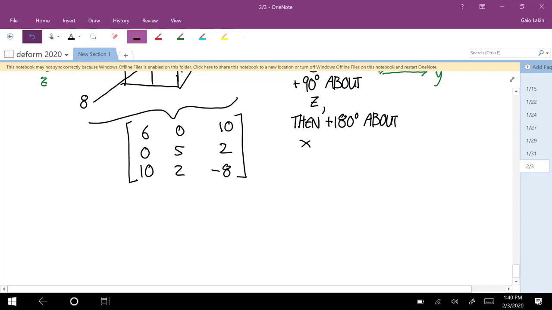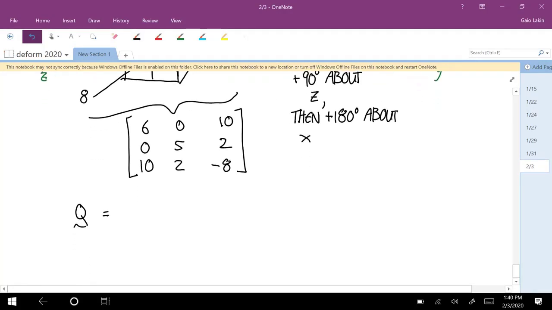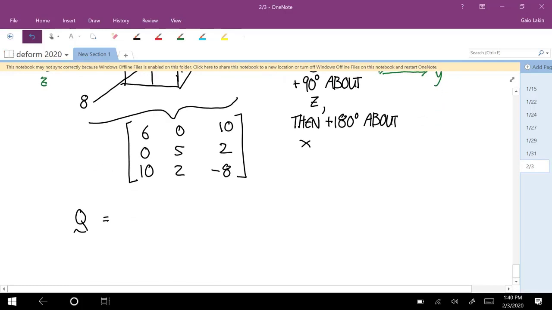So then Q is going to be, when you multiply these, you multiply from the right side to the left side. So our first one on the right side is going to be, cosine of 90 is 0. We're doing it about z.